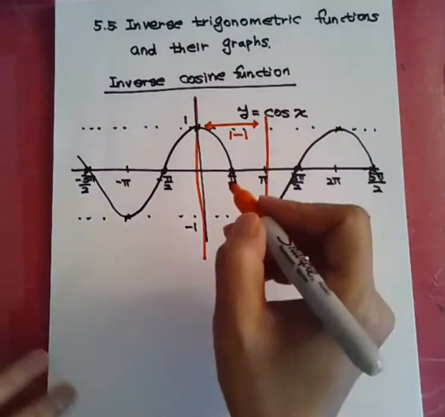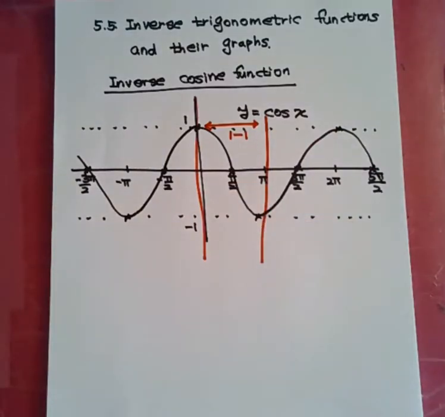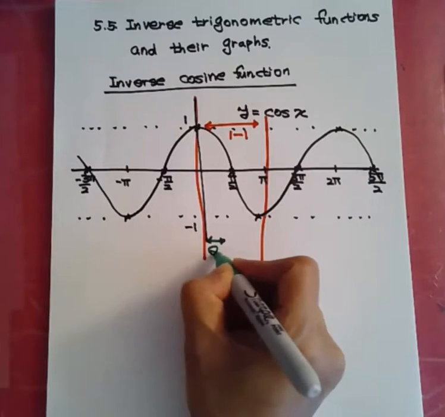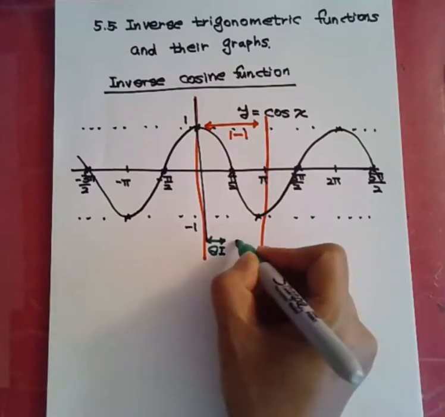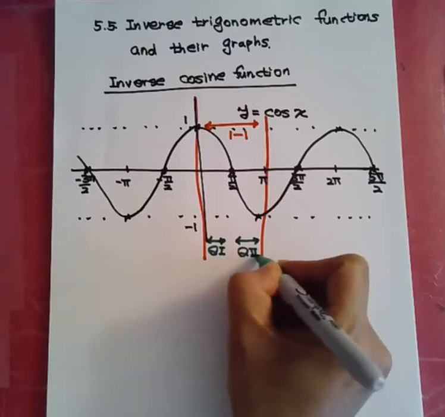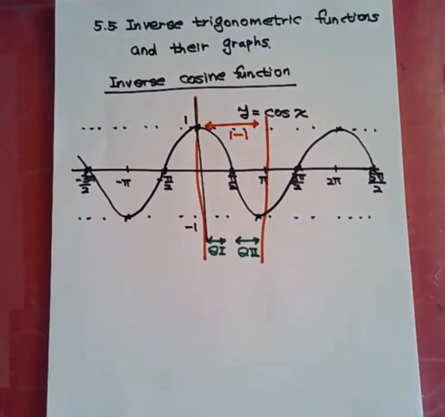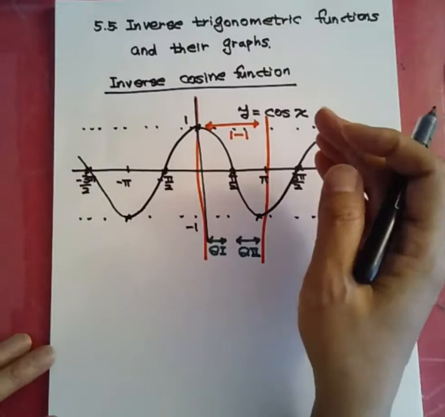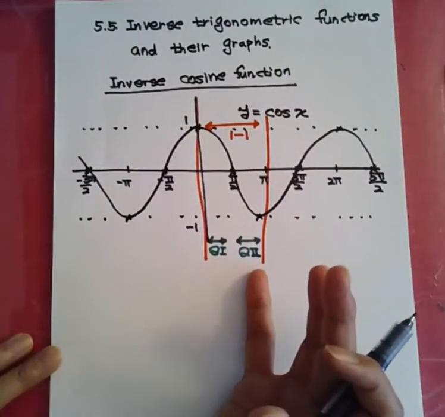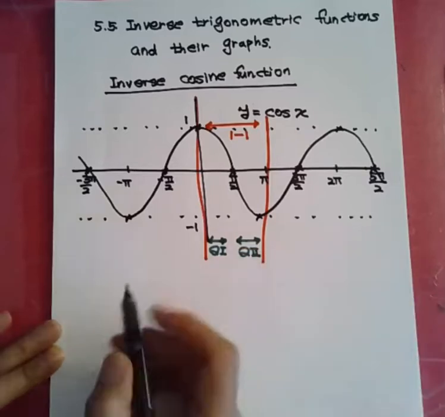If we think about the quadrants, then from 0 to pi over 2 is quadrant 1, and pi over 2 to pi is quadrant 2. So the inverse cosine function is defined in quadrant 1 and quadrant 2, between 0 and pi.